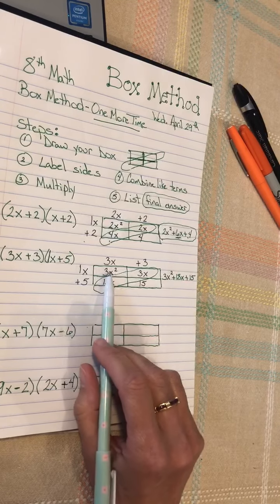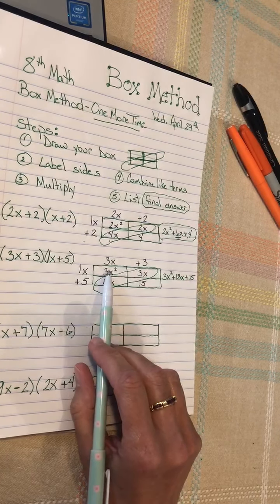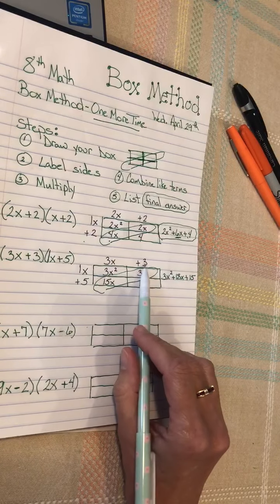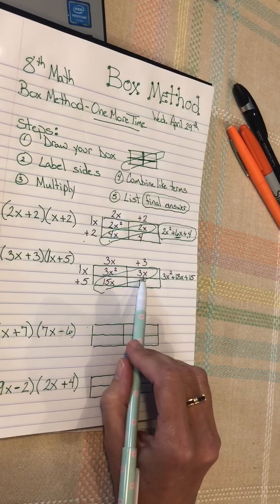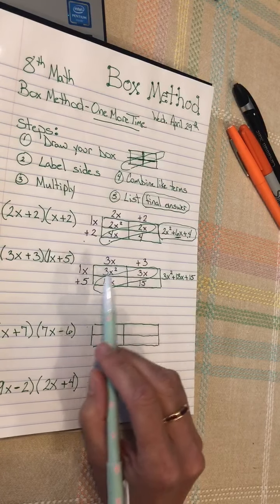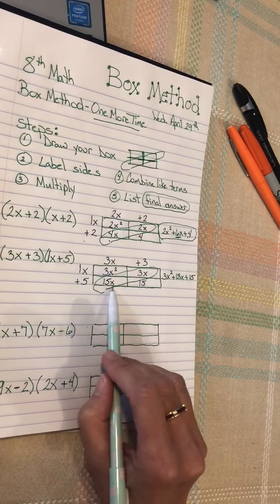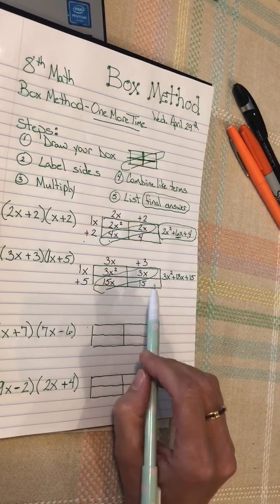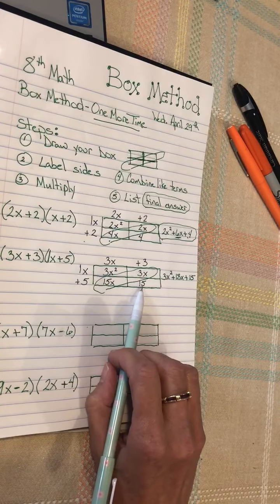Remember, this box generally has the variable squared. Then 1x times positive 3 is 3x. Positive 5 times 3x, 5 times 3 is 15, we put the x on. And then positive 5 times positive 3 is 15.